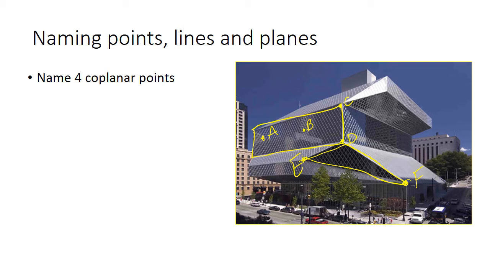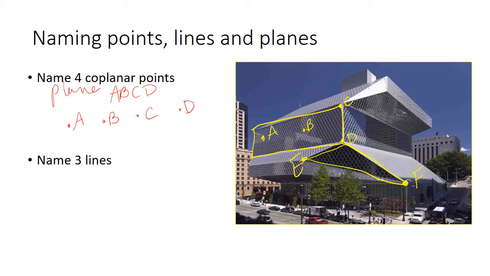D, E, and F are on the same plane, but there are only 3. So the only place where we are going to have 4 coplanar points is going to be on plane A, B, C, and D. And they would be point A, point B, point C, and point D.